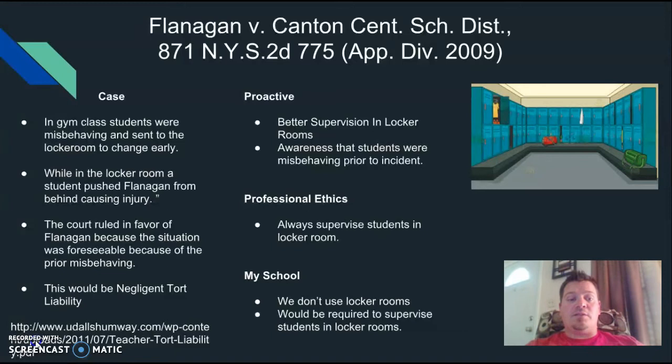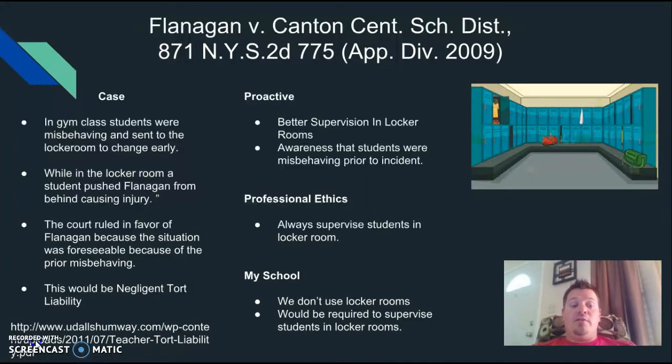So my first case was Flanagan versus Canton Central School District. In this case, it was a gym class. There were students misbehaving in the class. The teacher stopped the class early, sat all the students down, and lectured them about their behavior, and then he sent them to the locker room a little bit early before they ended class.